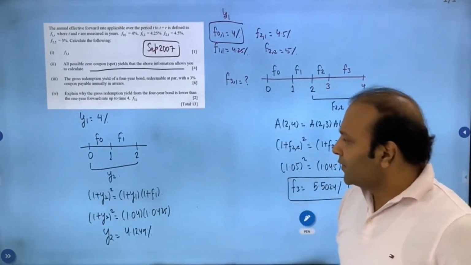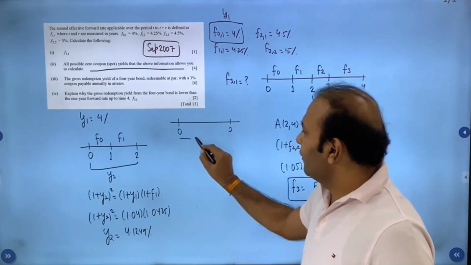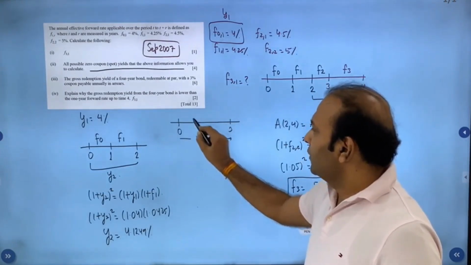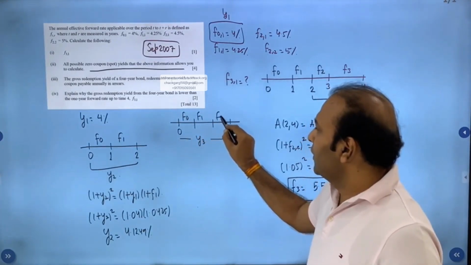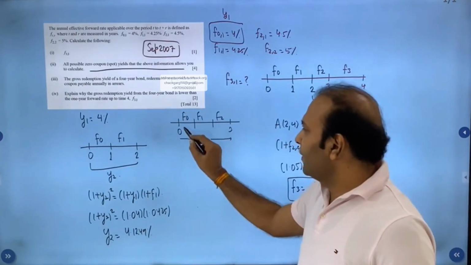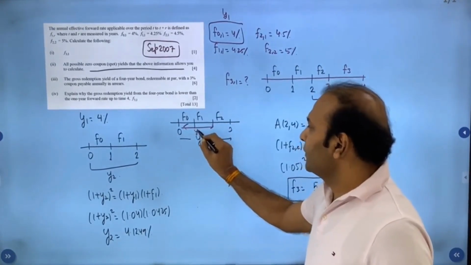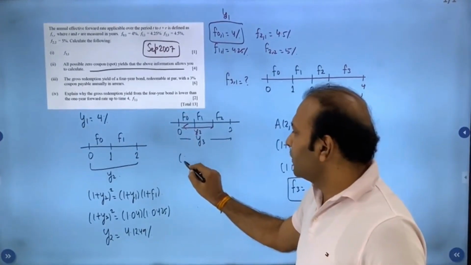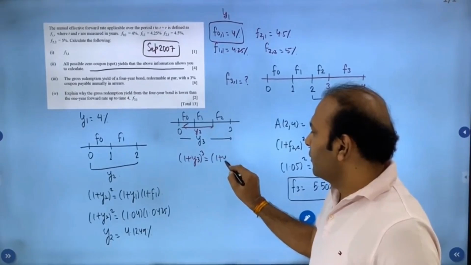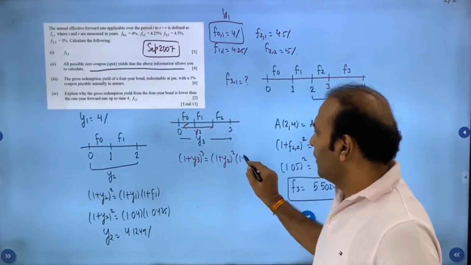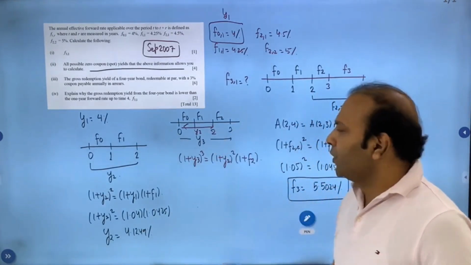Fine. Class, similarly, if we talk about y3, 0 to 3, we have y3. So class, f0, f1, f2. And class, we have now found y2 also. We have already calculated y2. We can use that also. 1 plus y3 cubed is 1 plus y2 squared into 1 plus f2, right? f2 is nothing but 2 to 3 only.